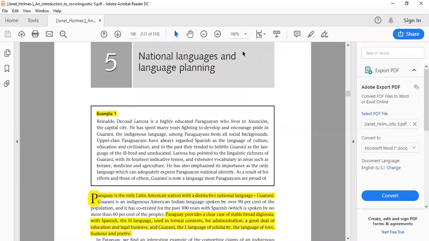Okay, ma'am. Because this national languages and language planning chapter is very easy. I guess we have new students here in this class, from batch 6, and there was this question in their exam as well, I guess in the entry test, about language planning.